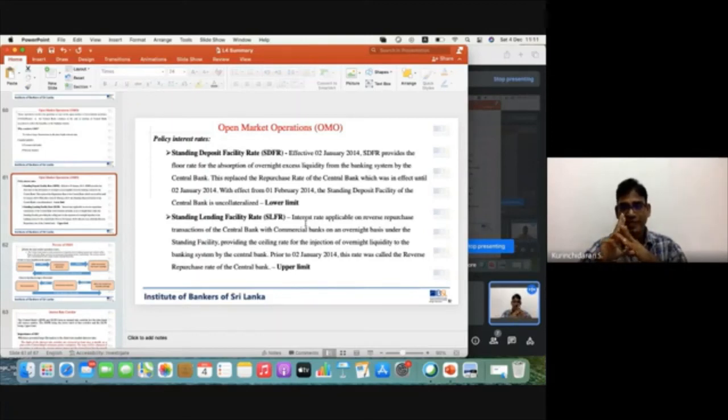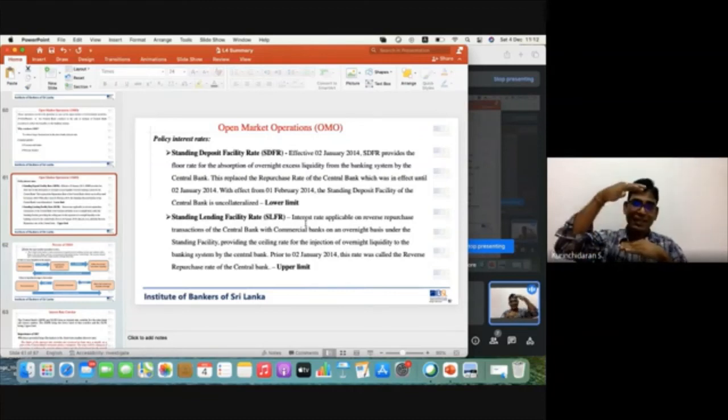They can park it in another bank, or deposit it in the central bank. If the central bank is giving 5% and the other bank gives 4%, what will happen? The bank will come and deposit at the central bank. So other banks are definitely not going to set below the central bank rate. They are going to set their deposit rate above the central bank deposit rate. So if the central bank deposit rate is 5%, maybe 6%.